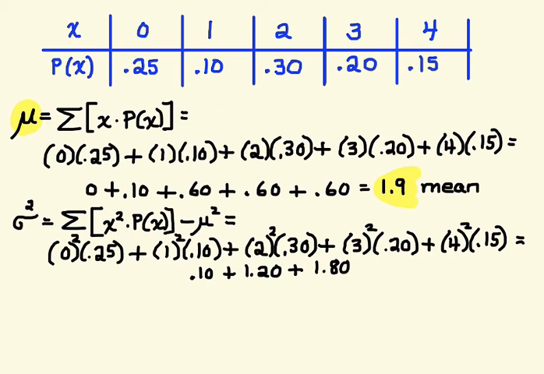And then our last one is going to give us a 16. 4 times 4 is 16, so 16 times 0.15, and that's going to give us a 2.4. So this last value right there is 2.4.